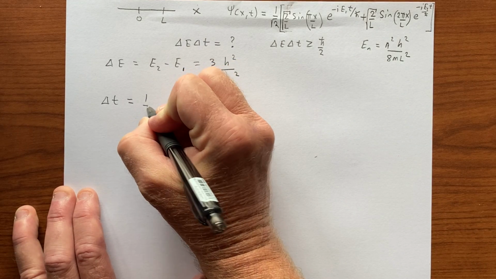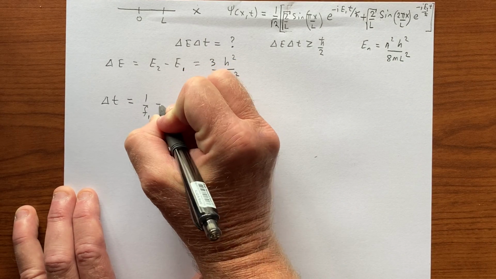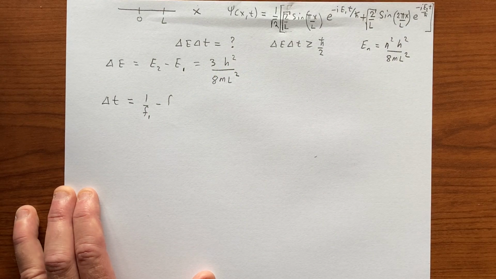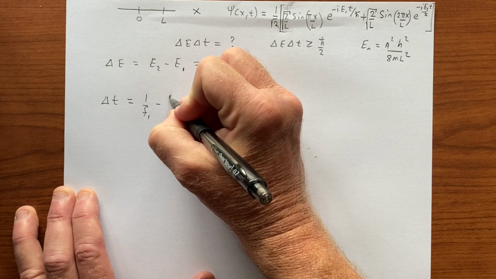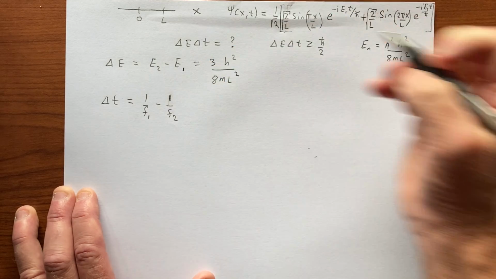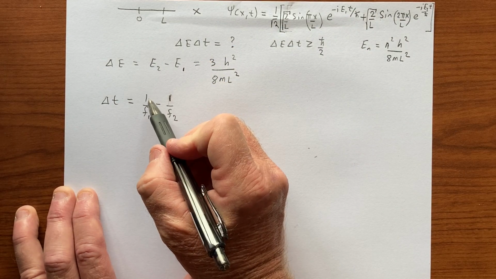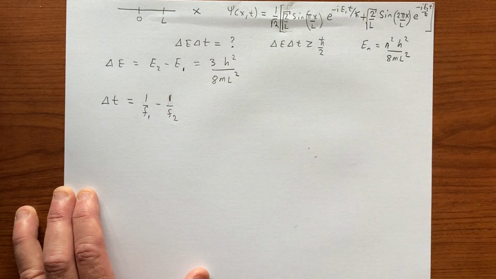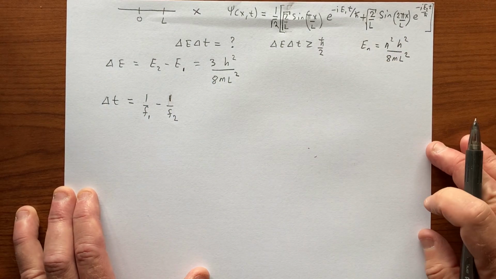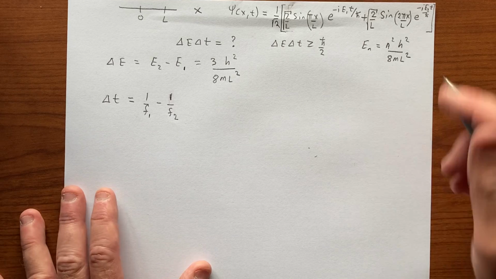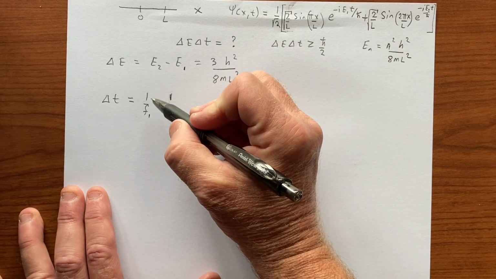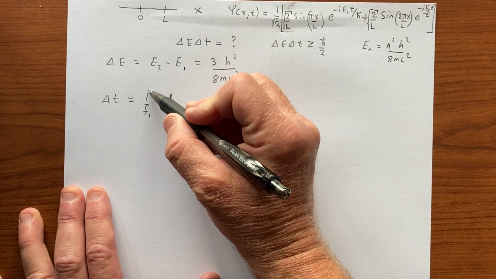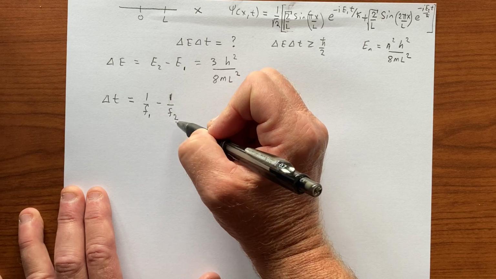So we have 1 over frequency 1 minus 1 over frequency 2, right? Because this is T1 and this is T2, meaning the periods of oscillations associated with these functions. This is the same as 2 pi over omega 1, 2 pi over omega 2.